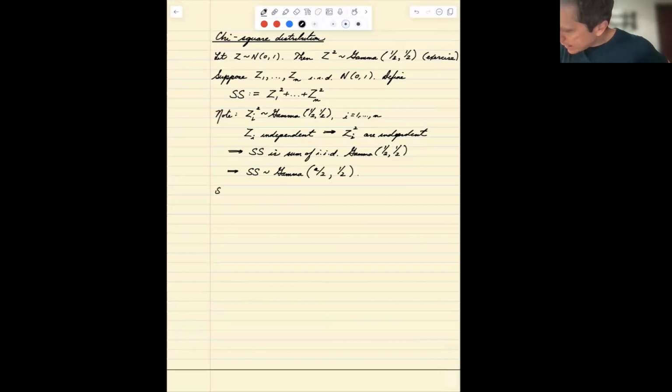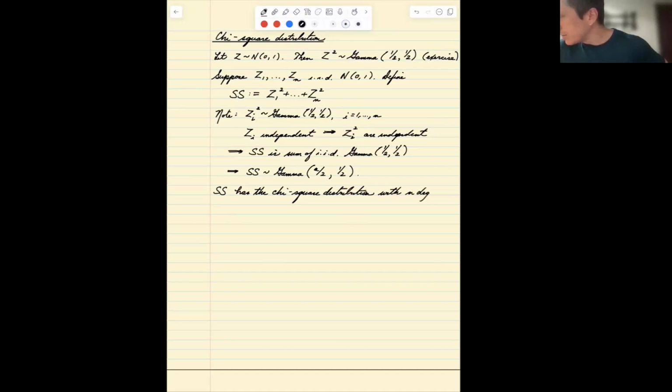So SS is a gamma random variable, but it has a special name. It has the chi-square distribution with n degrees of freedom.